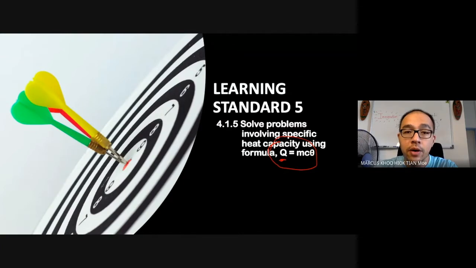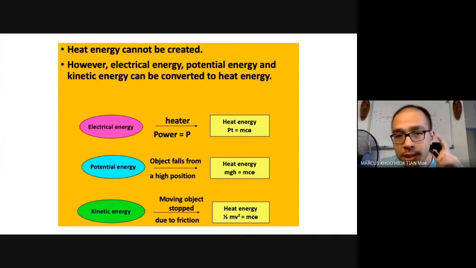All right, so first thing that we must understand is that we cannot actually create heat energy. Heat energy is always a byproduct, or it's always converted from another form of energy. Think about it, we never can create one. We always use something else to transfer to heat energy.